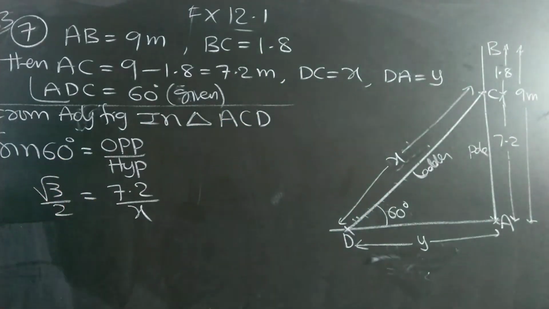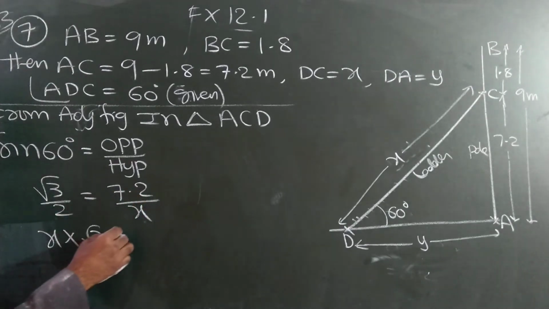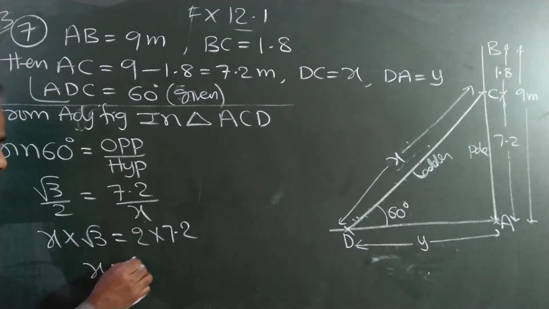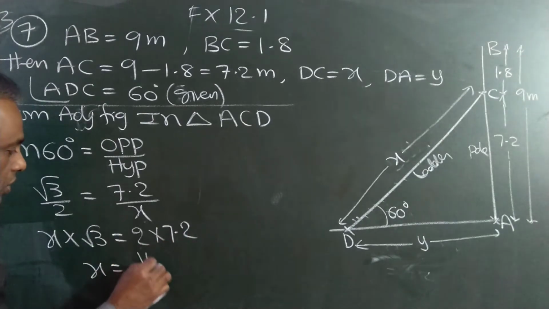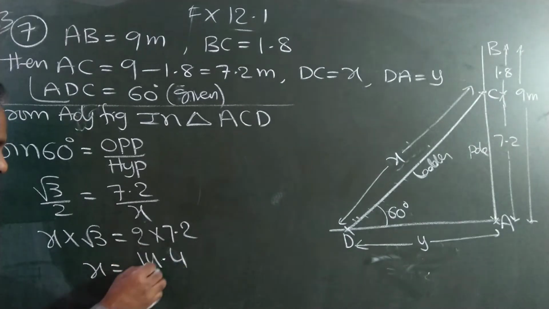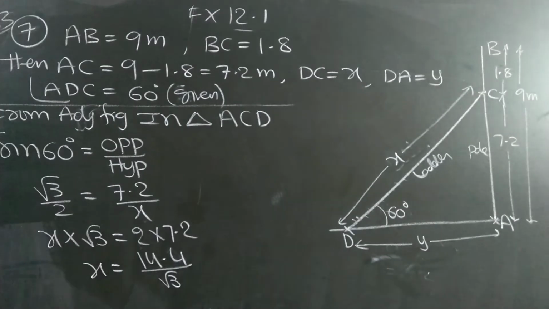Cross multiplication: x into root 3 is equal to 2 into 7.2. So x is equal to 14.4 by root 3. This is the answer.